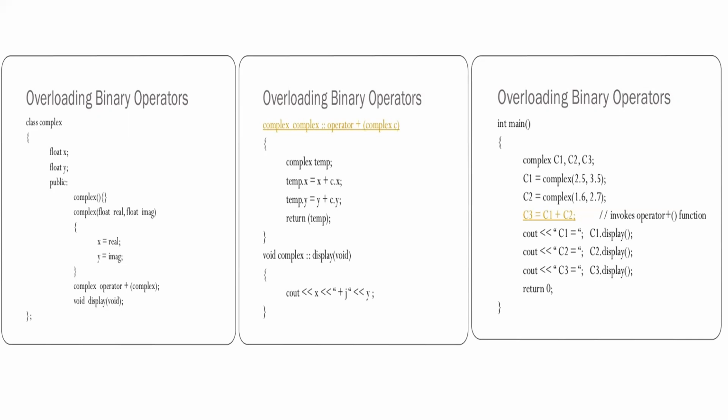Now let us study the program first. Name of the class is complex. It has two data members x and y. और public में हमने complex नाम का एक, what is it now? Same name of the class. It's a constructor, default constructor. ठीक है, another constructor is being used.